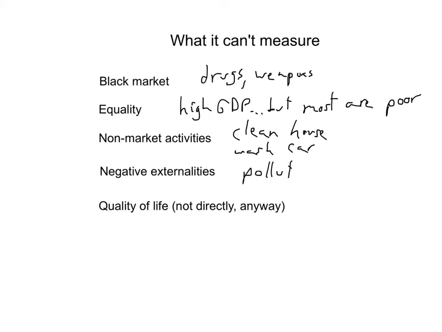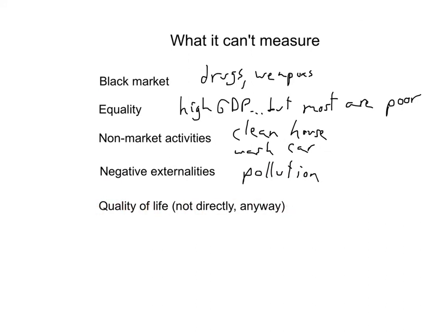Okay. Now this factor makes it look like GDP is higher than it really is, right? But for some things, producing them actually has a cost that isn't taken into account, maybe pollution or maybe something else. It also, importantly, is not a direct measure of quality of life.